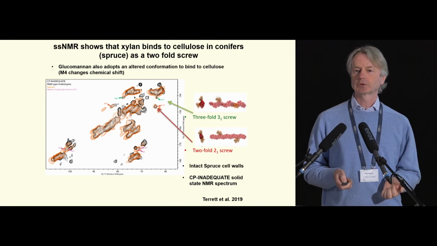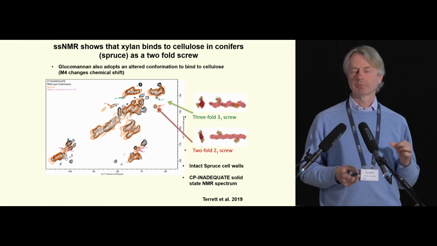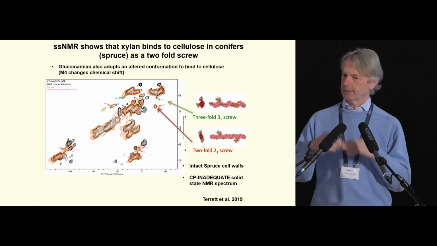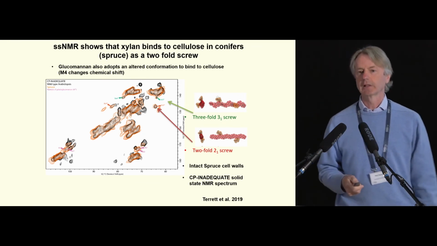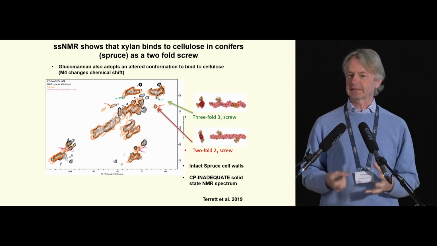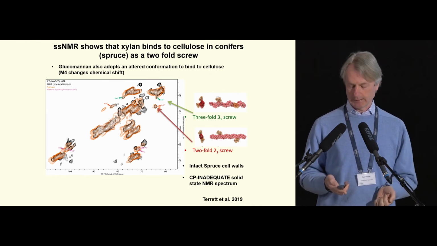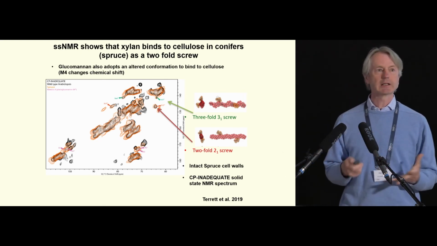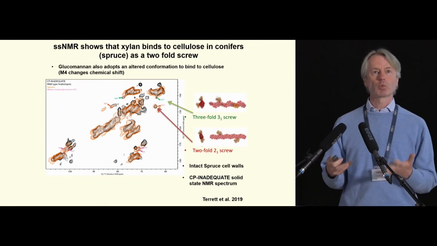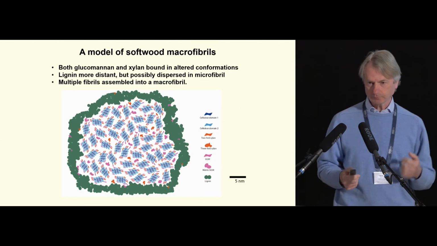And when we looked at the chemical shifts of the mannose residues in the cell wall, particularly carbon 4 of mannose, which is adjacent to the glycosidic bond, this carbon 4 shift is different measured in the cell wall by solid-state NMR versus in solution, suggesting perhaps a conformational change, and we'd really like to understand better what that shape of mannan is when it's interacting with cellulose.